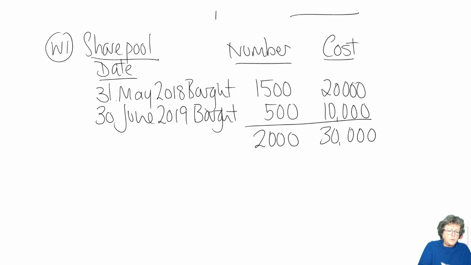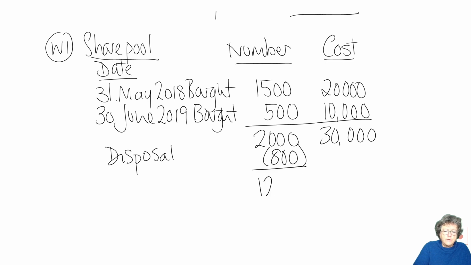We are now going to dispose of 800 shares, because that's the figure that we have left to deal with. So all we've done so far is copy the question into the answer. Okay, now we need to proportion this. So 800 divided by 2,000 multiplied by 30,000 will give us 12,000. You may have your own way of dealing with that.